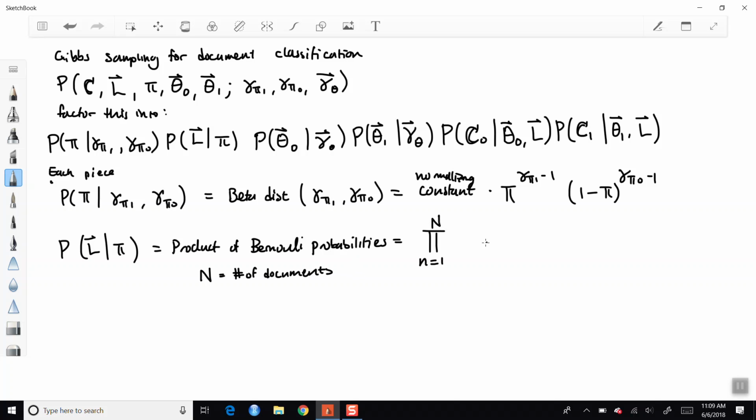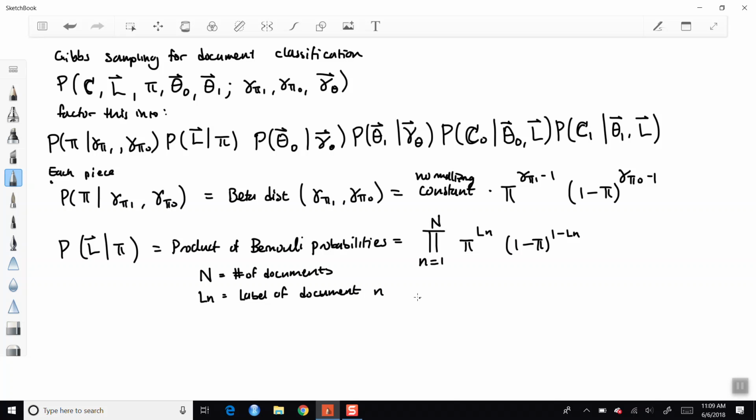Okay, and so it'll be the product of pi raised to the L sub n, where L sub n is the label of document n, times 1 minus pi raised to the 1 minus L sub n.